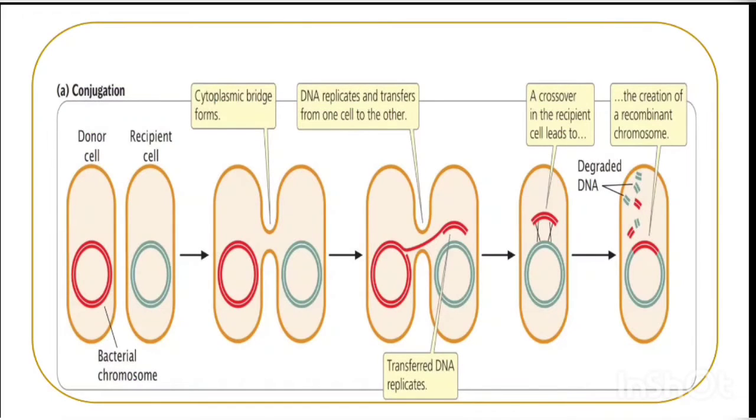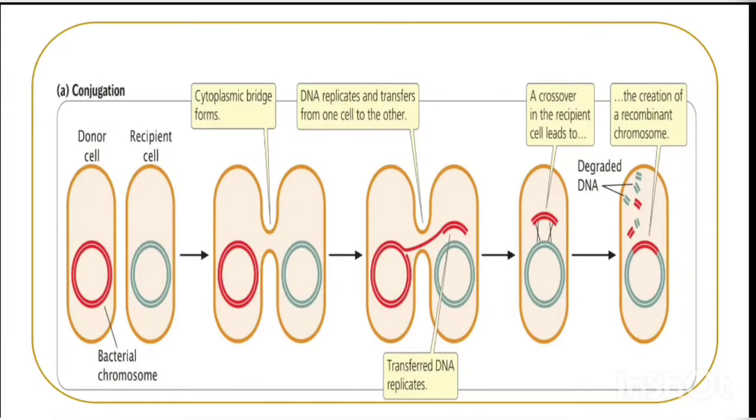And you can see over here, these are two bacterial cells. One is the donor cell and the other is the recipient cell. A cytoplasmic bridge forms, and DNA replicates and transfers from one cell to the other, that is the red DNA.